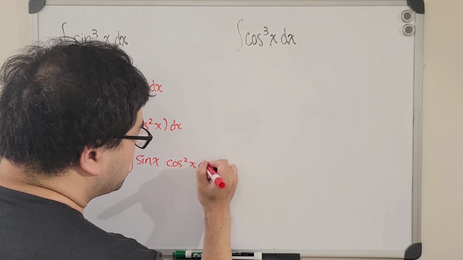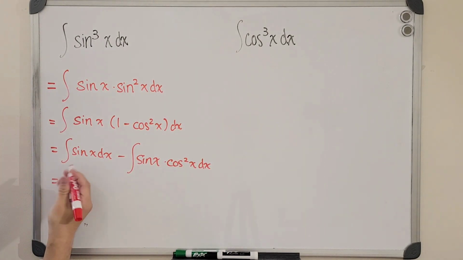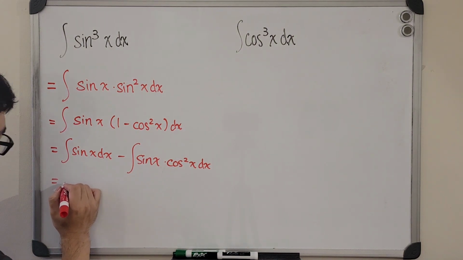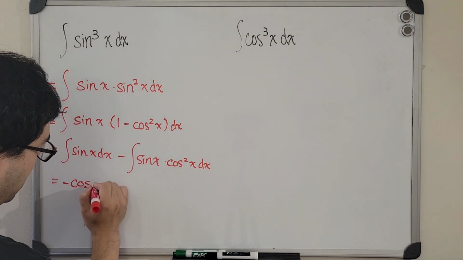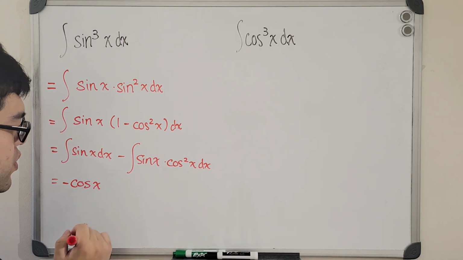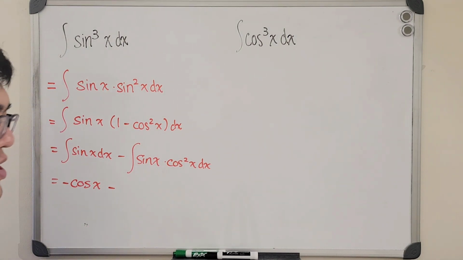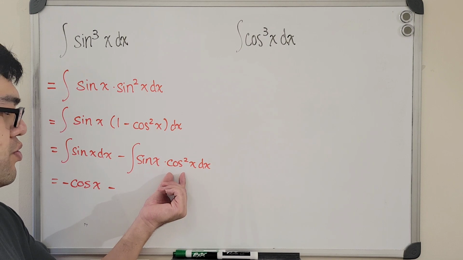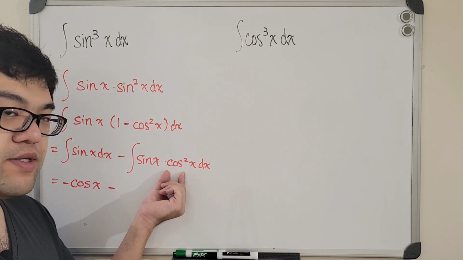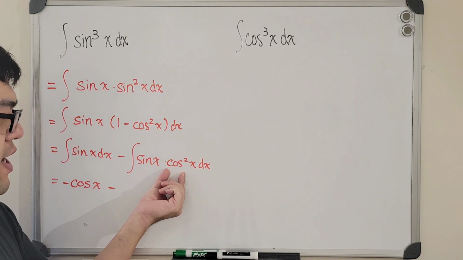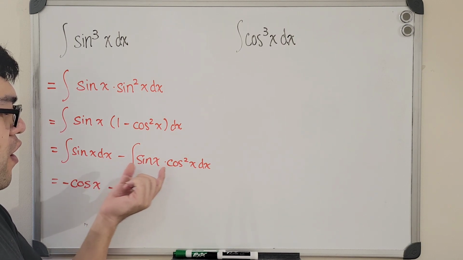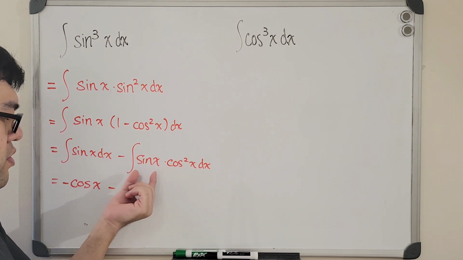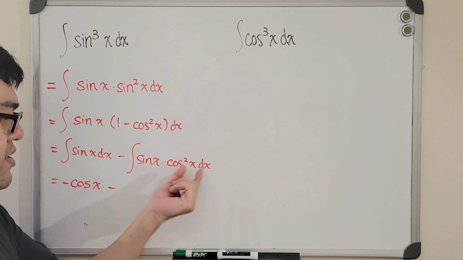So for the first one, it's very obvious that we can just take the integral, which gives us negative cosine of x. For the second one, we just need to do a u sub here for u equals cosine of x. And of course, if we do that, the derivative of u, or du, will just be negative sine of x dx.